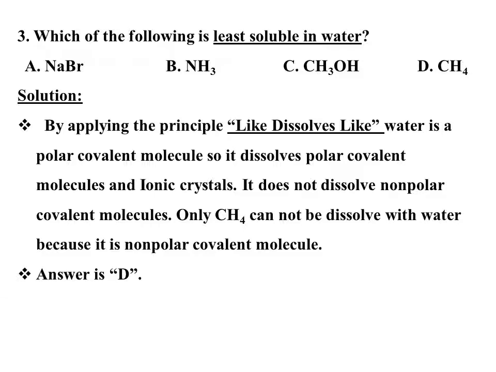CH4 is a non-polar covalent molecule. It dissolves in non-polar covalent solvents. Therefore, methane is the least soluble substance according to the given alternatives. Therefore the answer must be D.